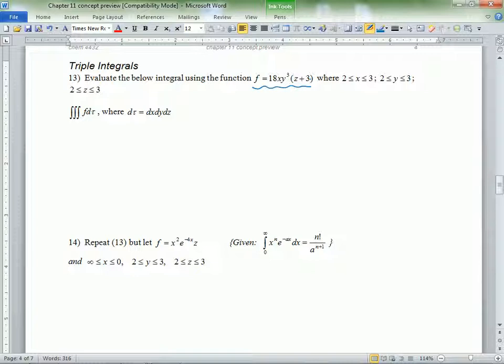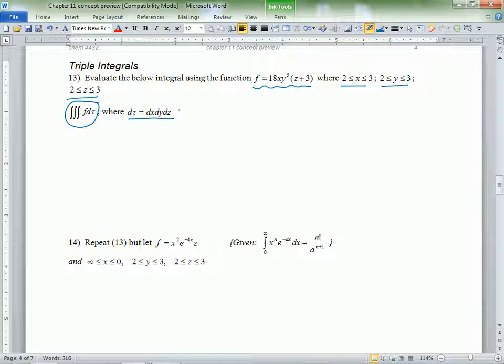All right? So let's go ahead, and the notation really helps you. Here they're giving you the limits of the integrals. There's our limits. They're saying find this, where d tau is dx, dy, dz. They're just getting lazy and like to write all that.